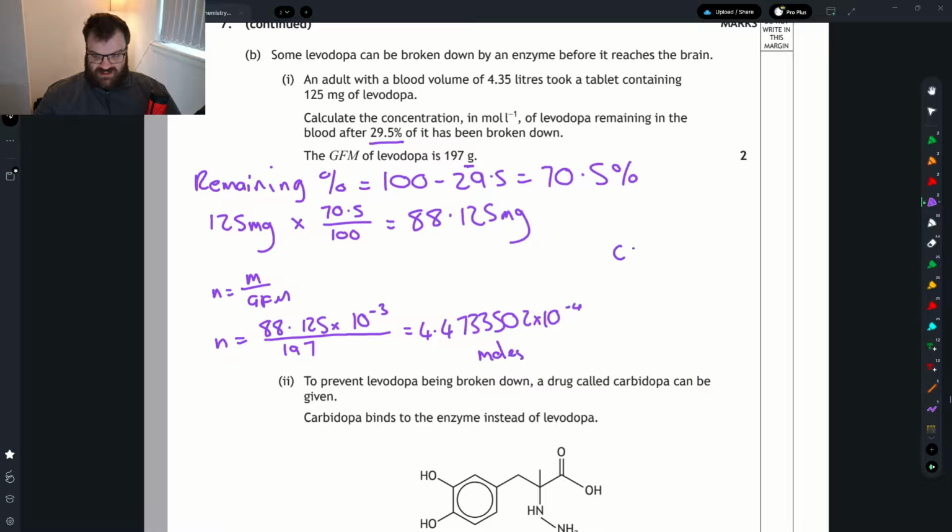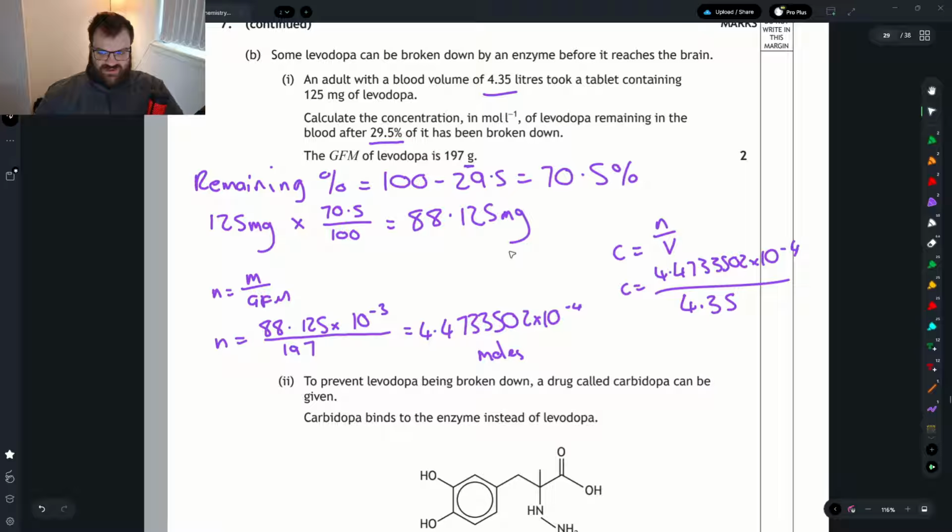And to get concentration, concentration equals number of moles over volume. Our answer from before divided by the volume, which is 4.35. And that gives a concentration of 1.03 times 10 to the minus 4 moles per litre for that part.